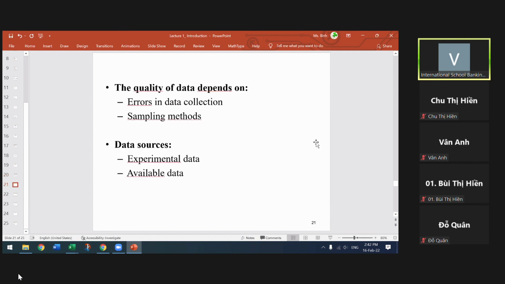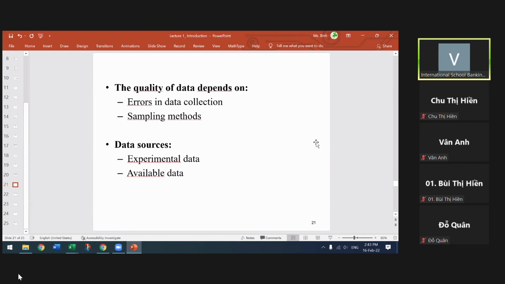We know that the data is very important. If we don't have data, we cannot do anything, right? And the data must be reliable. So when you get data, you always need to mention the source of the data. This is very important, so the reader can see whether the data you analyze here is reliable or not.